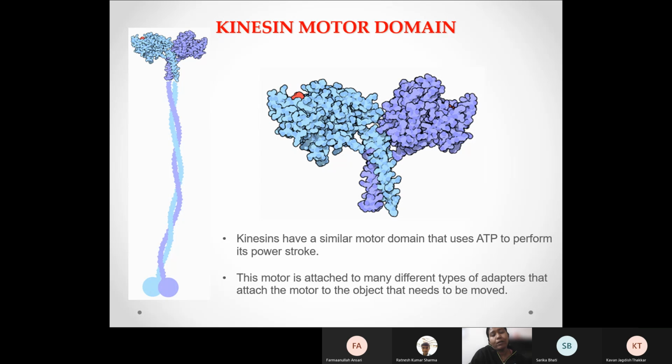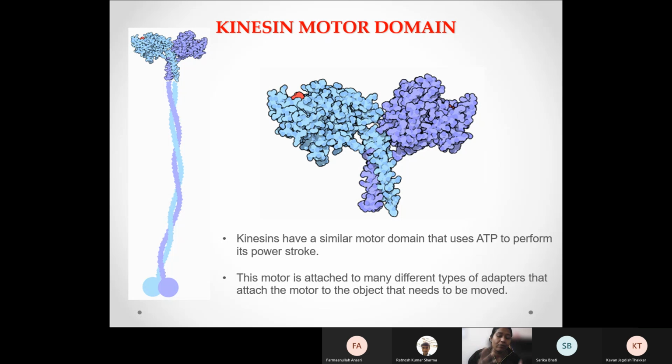So another important thing is that this motor domain that you see here is also the site that binds to ATP, just like myosin. In myosin, you had the motor head that had one point where it could bind to ATP and hydrolyze ATP, and diametrically opposite was a point where it could bind to actin, but everything was on the head domain.